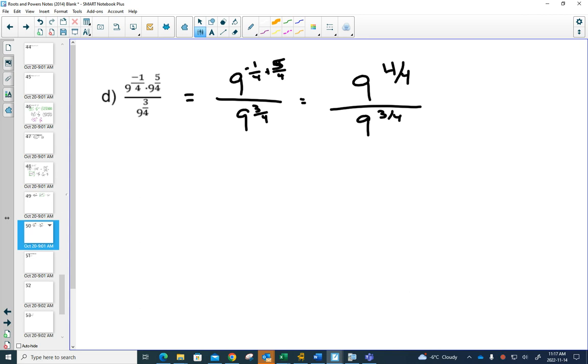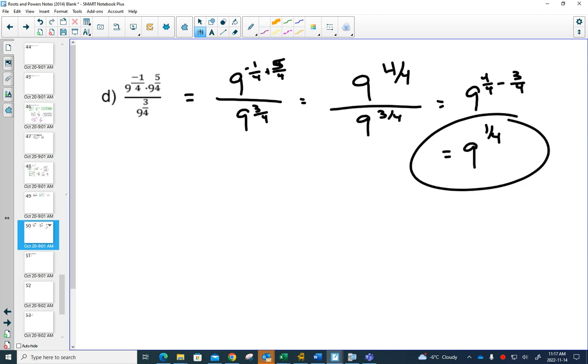It's kind of nice because what's our next exponent rule? We have to subtract. So subtracting fractions, you need a common denominator anyways. So if I keep it at 4 over 4, and I subtract, I get 9 to the 1 over 4.